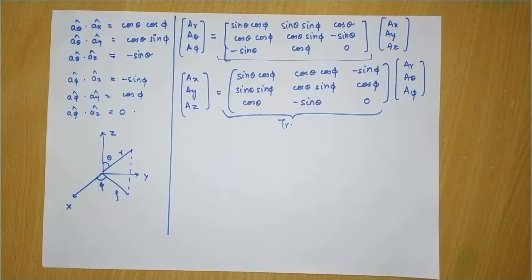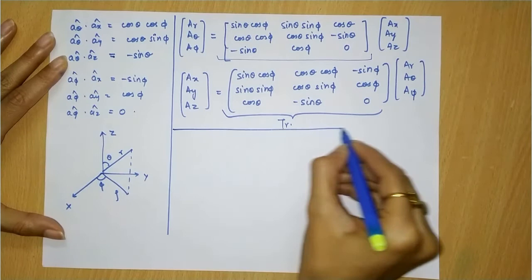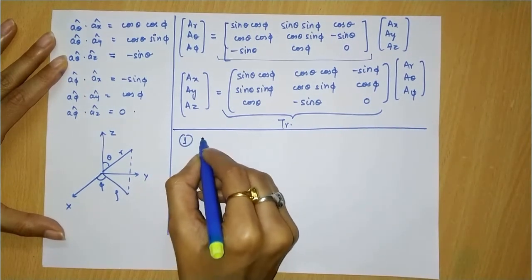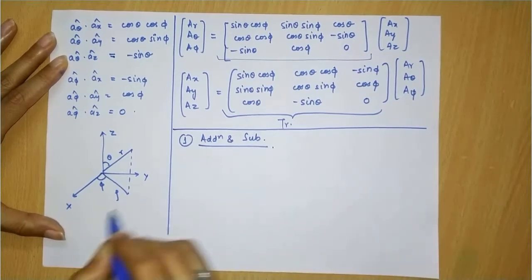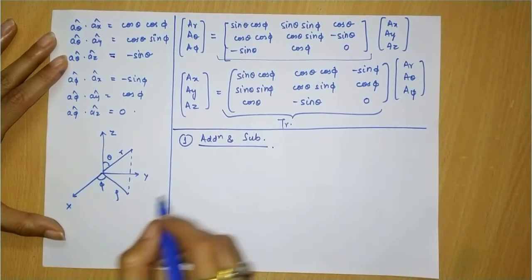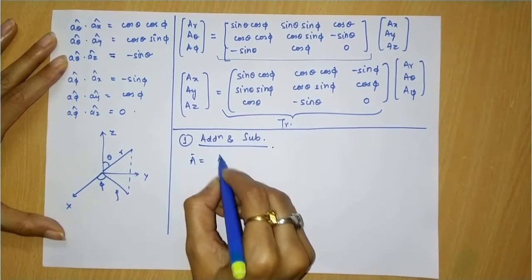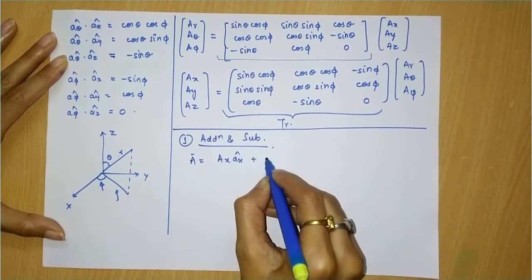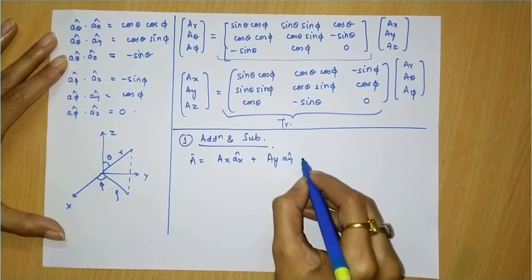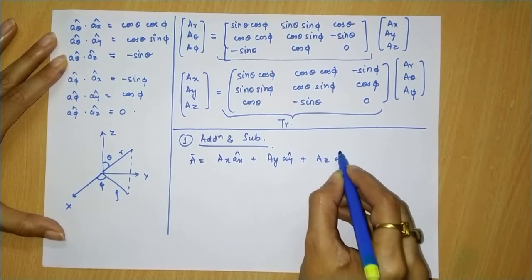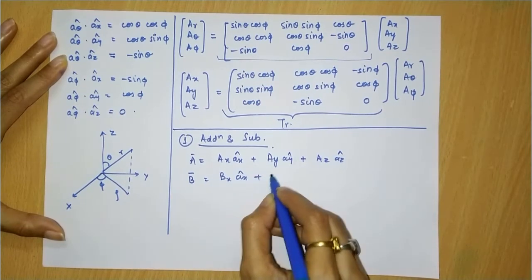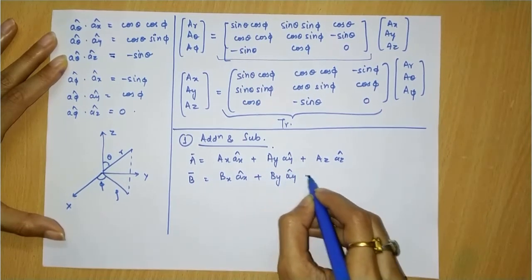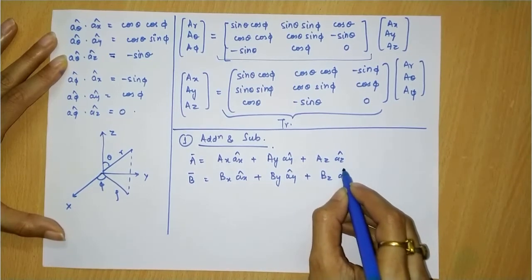Next, we see what all operations can be performed on vectors. First operation is addition and subtraction. Suppose we have any two vectors, A vector as Ax ax cap plus Ay ay cap plus Az az cap, and B vector as Bx ax cap plus By ay cap plus Bz az cap.